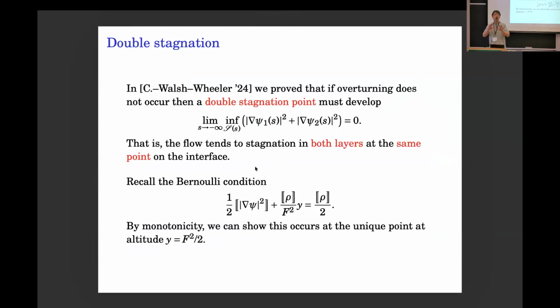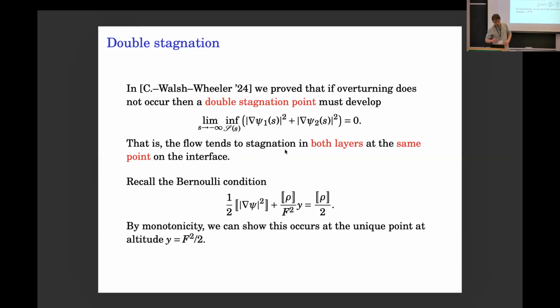Our idea is proof by contradiction. If we do not have overturning, then we try to prove a contradiction. What one can show is that if overturning does not happen, then at the end of the bifurcation branch, you will necessarily see double stagnation. You will see the stagnation from both layers, not just one layer. This takes a bit of work, but let's just take that as given.